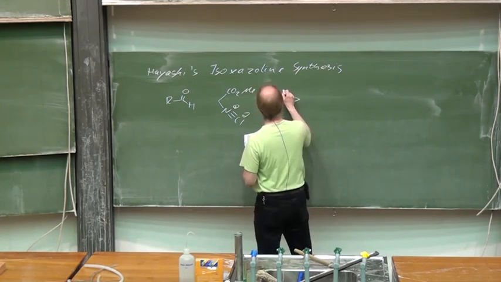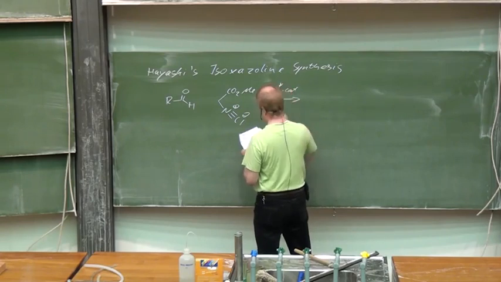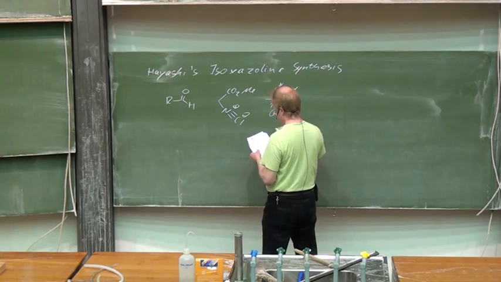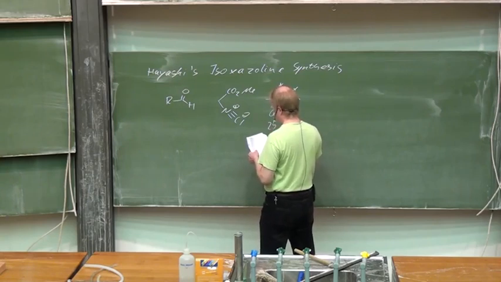A chiral gold catalyst was applied. Just 1 mole% is sufficient. Dichloromethane, room temperature, 20 hours.